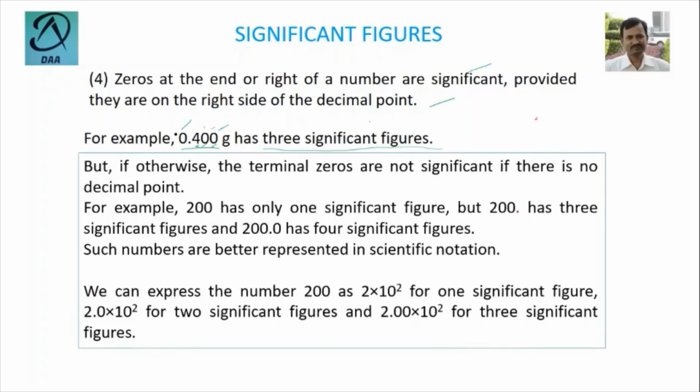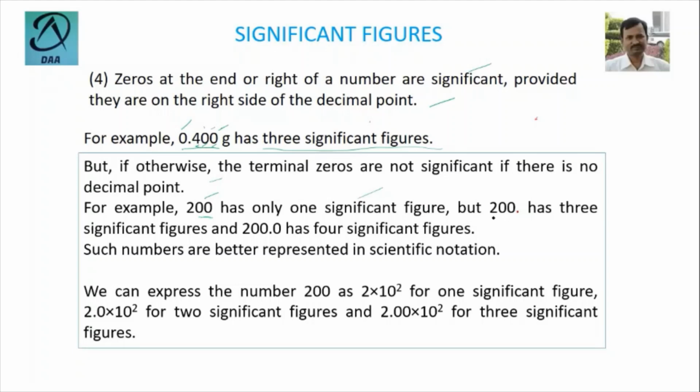But one thing we have to remember, a quick way to remember, is that the terminal zeros are not significant if there is no decimal point. That means if the decimal point is not there, then the terminal zeros, either left side or right side, will not be counted as significant figures. For example, 200 has only one significant figure because these 2 zeros are terminal, right side terminal.